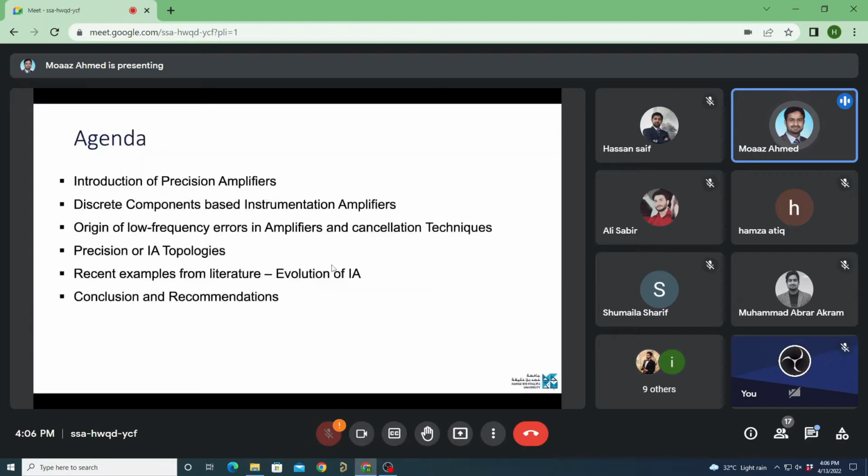So starting with the introduction, as you can see, we can have any kind of sensor, and the sensor, like the word is analog, so it senses analog quantity, could be voltage, could be current, temperature, fluctuations in stress, strain, all these kind of physical parameters.